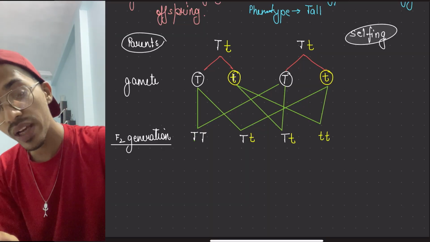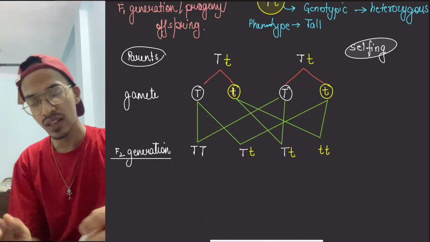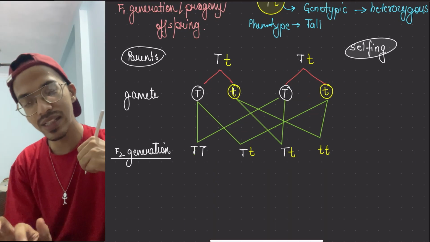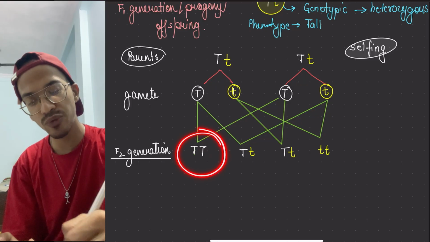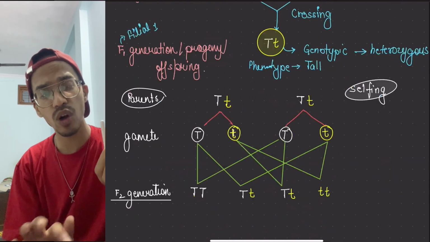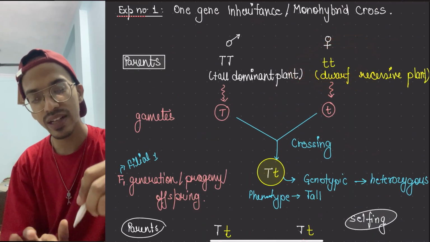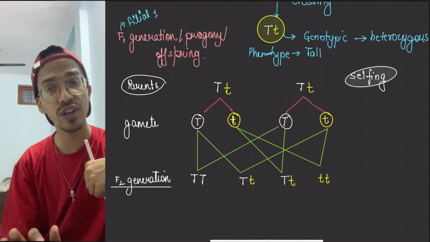If we come to the basics, this capital T looks like the first parent, a dominant character. The small t looks like this parent, and this looks like the first generation parent.